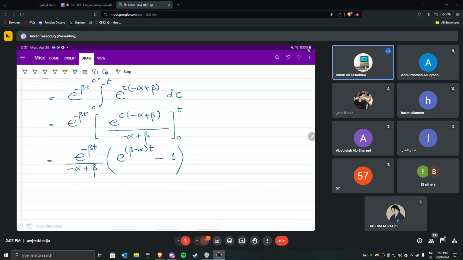Right? And if you like, you can further simplify it. When you multiply e to the power minus beta t with the whole thing, it becomes e to the power minus beta t into e to the power beta t into e to the power minus alpha t minus e to the power minus beta t.